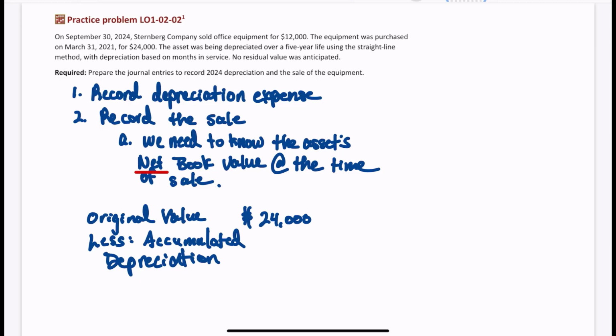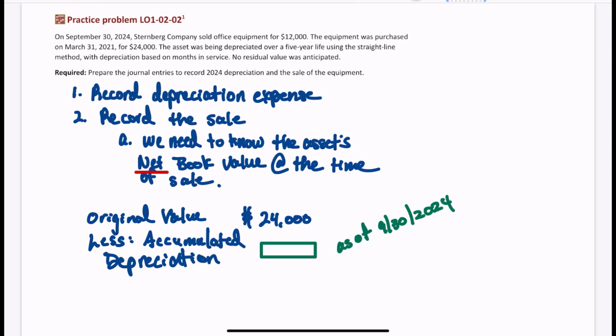That is the part that we don't know now. We have to figure this piece out. So what is the accumulated depreciation as of 9/30/2024?